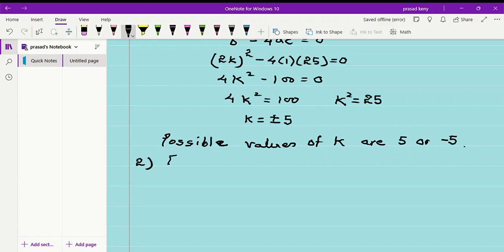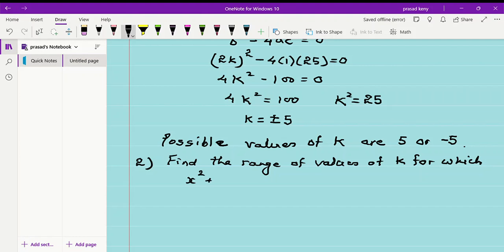Find the range of values of k for which x square plus 20x plus k equal to 0 has no real roots.